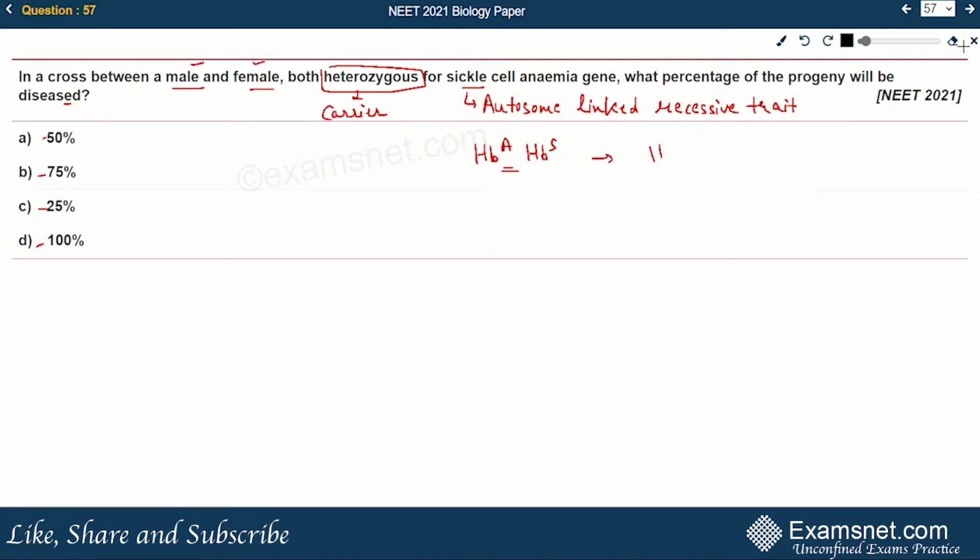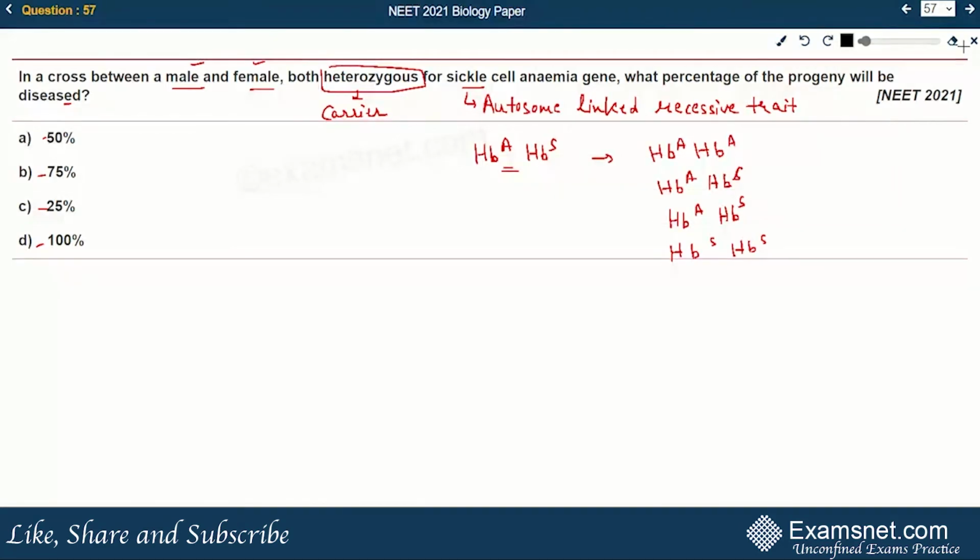It can be HbA HbA, HbA HbS, again HbA HbS or HbS HbA, both are same, and then the last one is HbS HbS. So these are the possible genotypes.